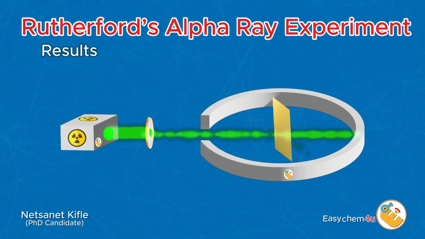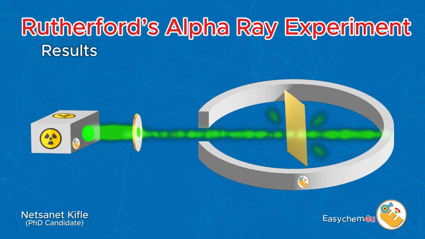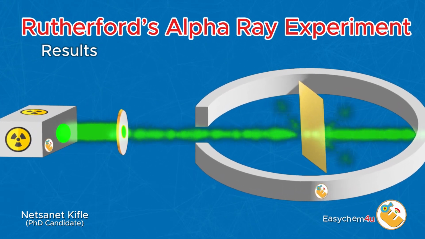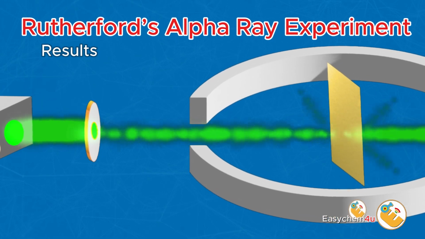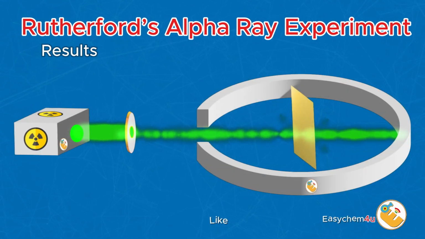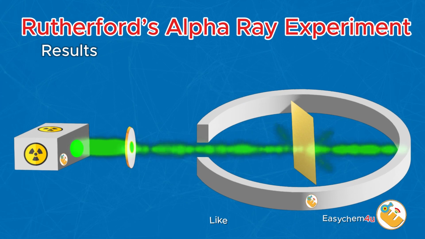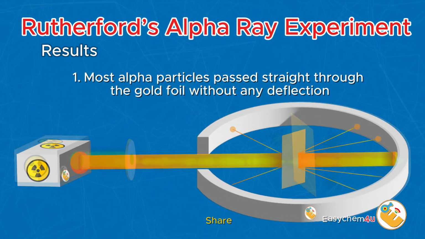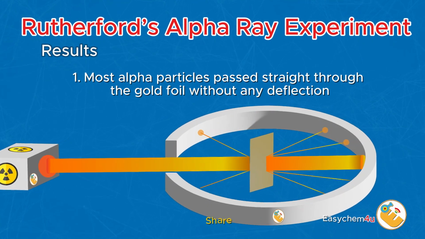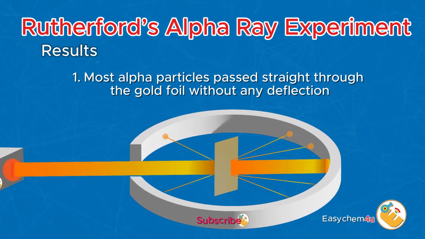In the alpha ray experiment, thin gold metal foil was bombarded with alpha radiation from radioactive substances such as radium, and Rutherford observed something astonishing. 1. Most alpha particles pass straight through the gold foil without any deflection. 2.